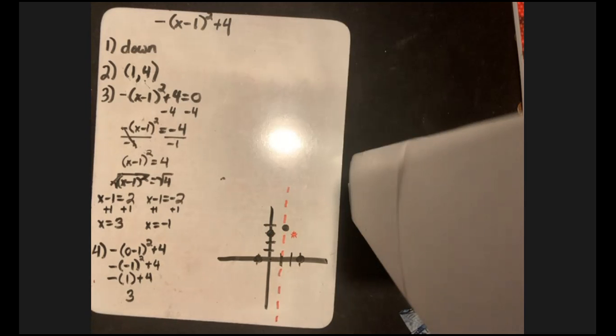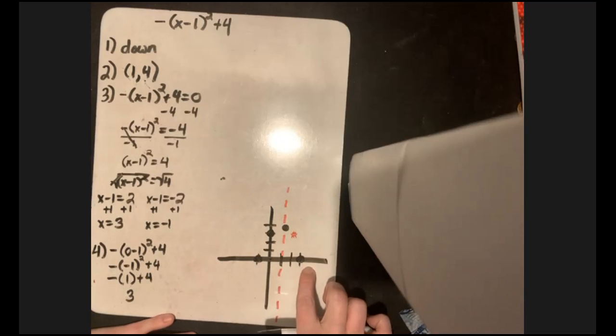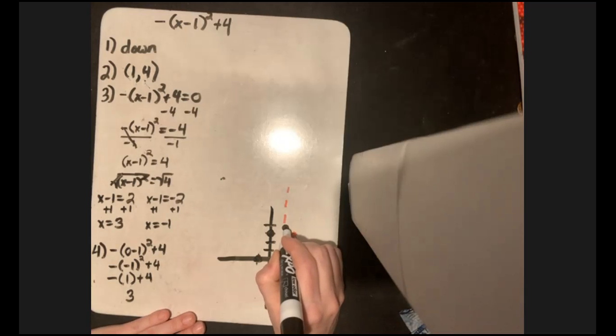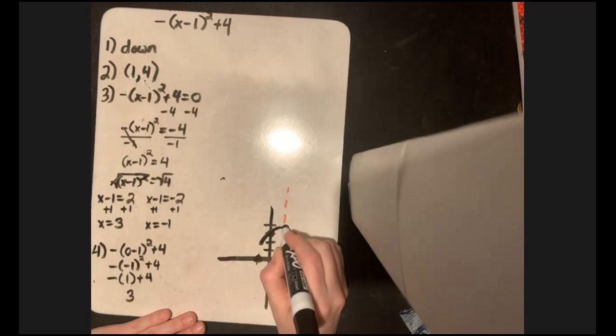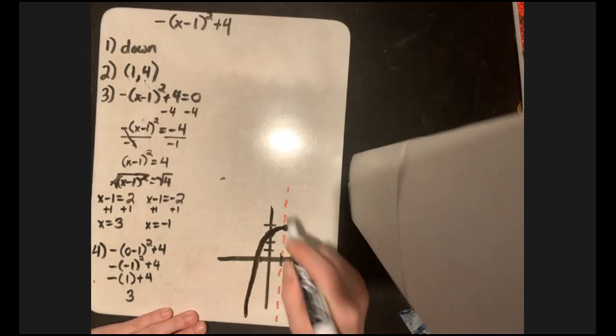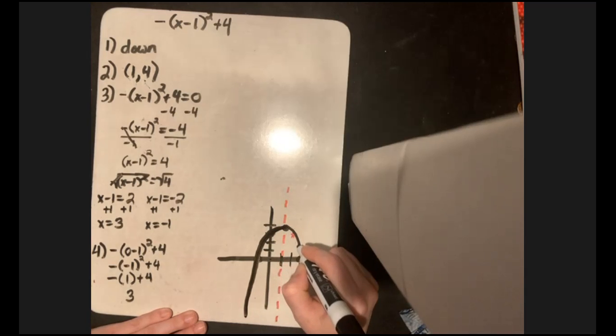I'm just utilizing the fact that I have an axis of symmetry and I have to have that nice mirror matching. Now, traditionally with quadratics, you want anywhere from 3 to 5 points to be able to graph them. You don't want them all on one side. So in this case, I've got enough. Even if I just had the 4, I have enough because I know this has to be the top right here, the vertex. So I'm going to make a nice, pretty U-shaped graph.